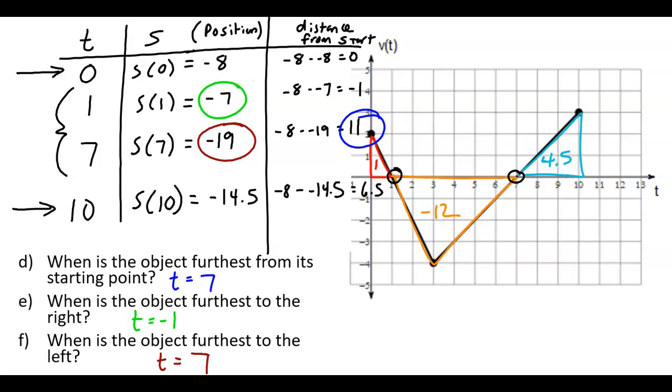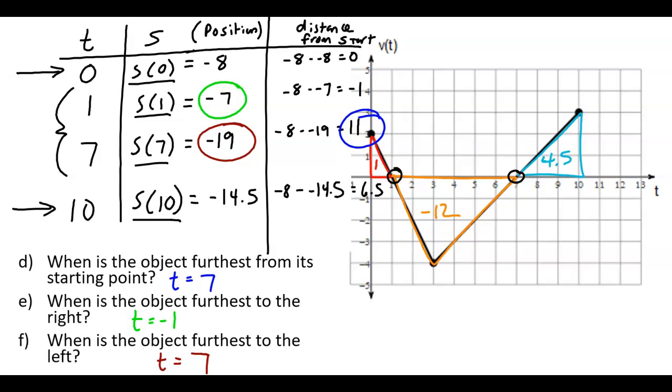And the velocity equals 0 when it touches the x-axis here. And so that's at 1 and 7. Next, we're going to find the position of this particle at each of these candidates. So at the left endpoint, we have -8. At the right endpoint, we have -14.5. And at each of the candidates, we have -7 and -19.